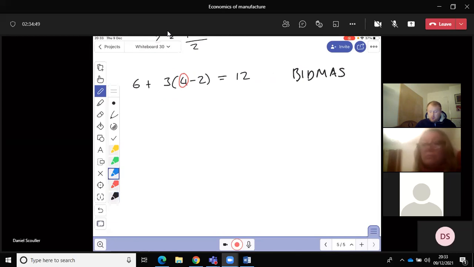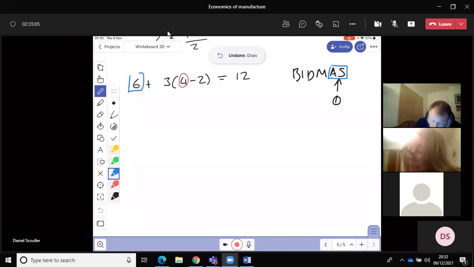Okay, first thing we're looking at, is there an addition or subtraction? Yes. So that's going to be the first step. We're going to move this over, and we're going to just leave that multiplication.